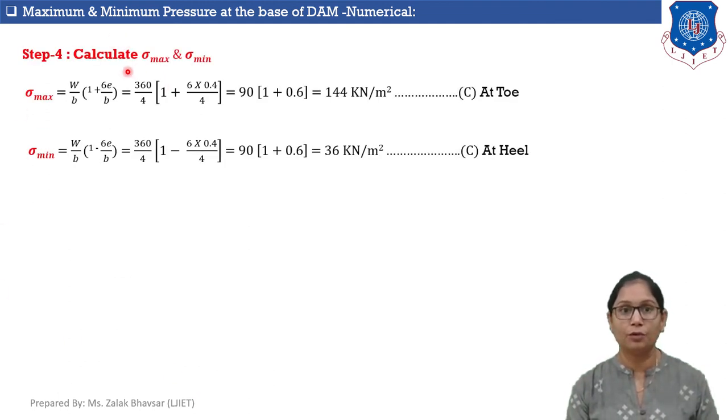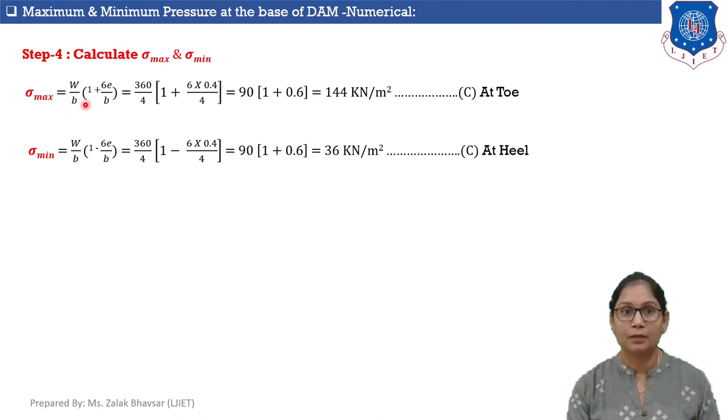In step number 4, we will calculate sigma maximum and sigma minimum. The equation to calculate sigma maximum is W by B in bracket 1 plus 6E by B. Here W, as we calculated, is 360 kilonewton.